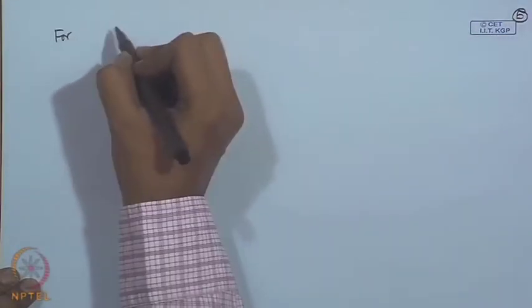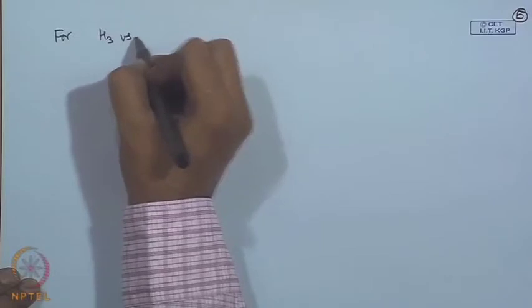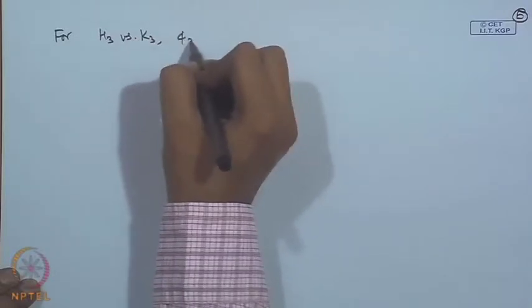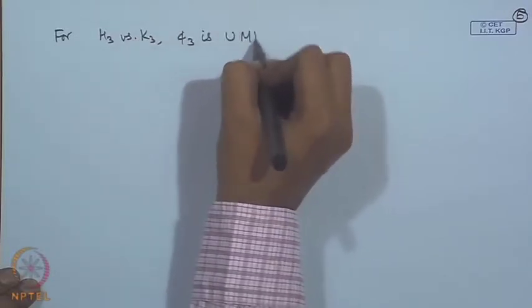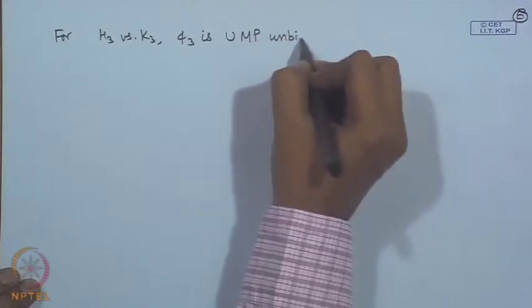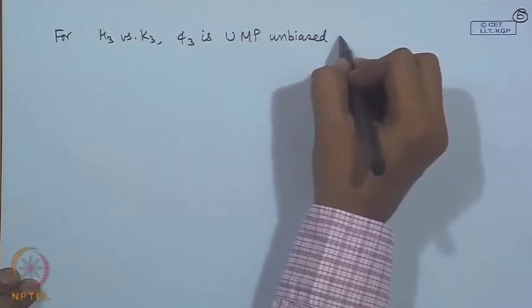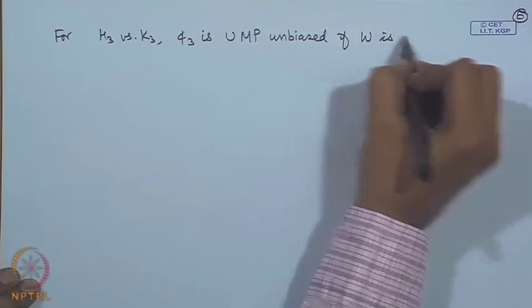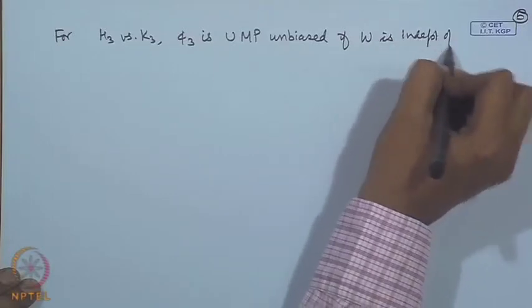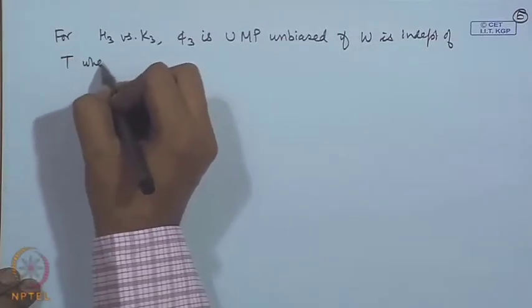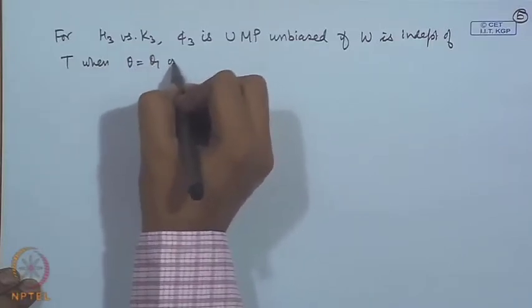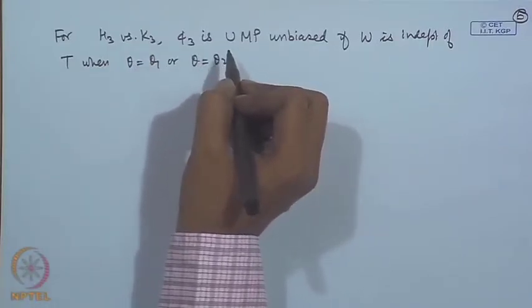For H3 versus K3, phi 3 is UMP unbiased if W is independent of T when theta is equal to theta 1 or theta is equal to theta 2.